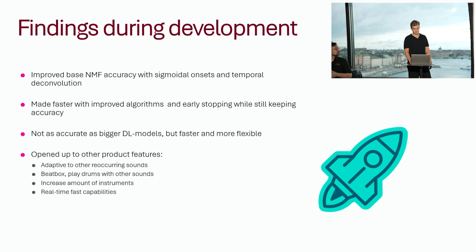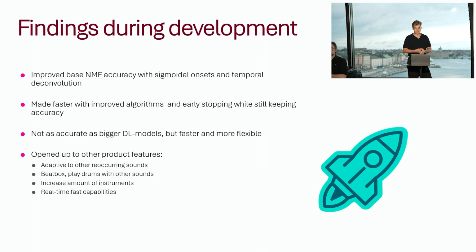So yeah, it opened up to other product features for Excellent Audio and what to work on to adapt to other types of sounds. If you want to beatbox something in, you can do this and maybe get the MIDI in, and you can do a creative workflow in that case, and it goes quite fast, is what we've seen.